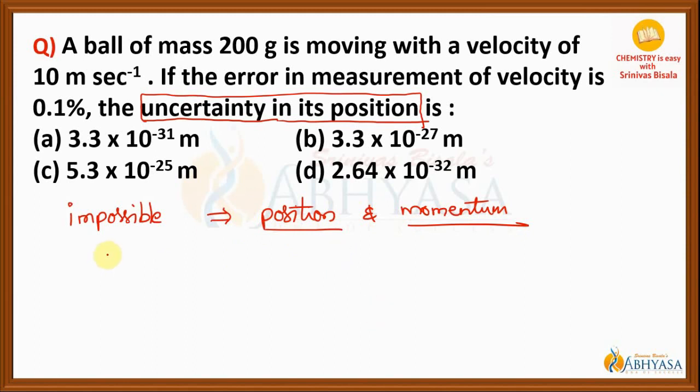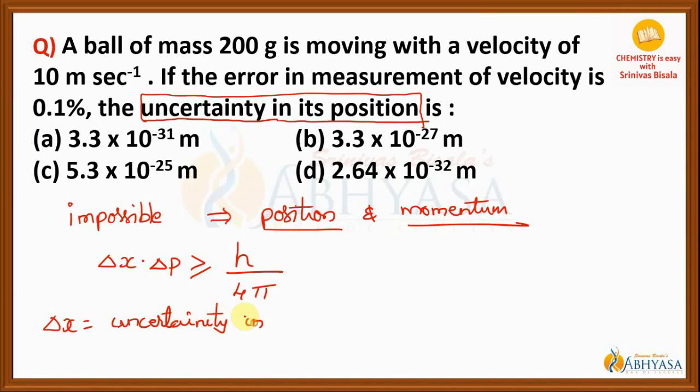Mathematically it is expressed like this: delta x into delta p is greater than or equal to h upon 4 pi. Delta x is the uncertainty in position, whereas delta p is the uncertainty in momentum.